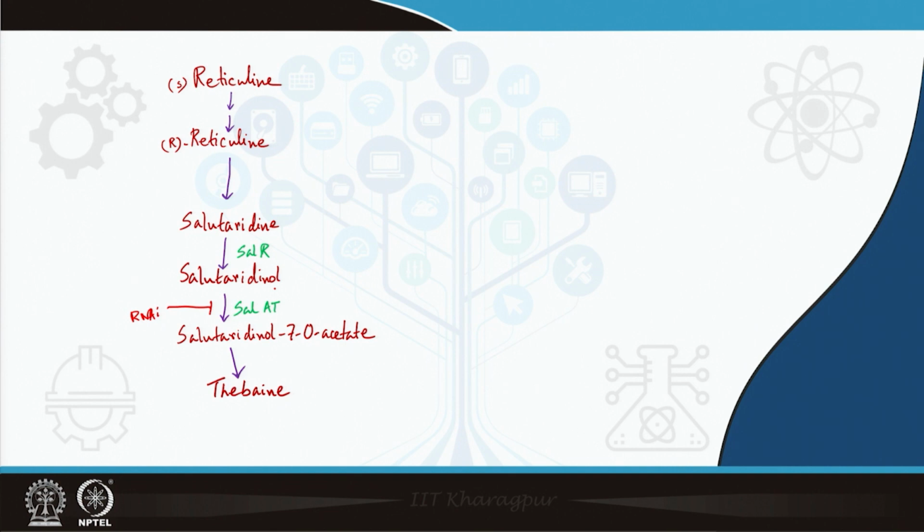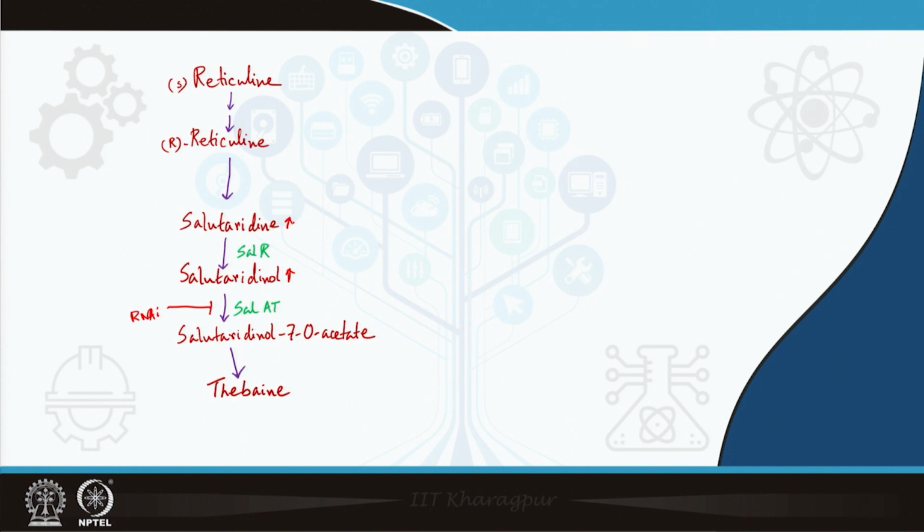But what result was obtained was that it not only enhanced the accumulation of salutaridinol, but also salutaridine. So that means as a result of RNAi blockage, both these products are getting enhanced.